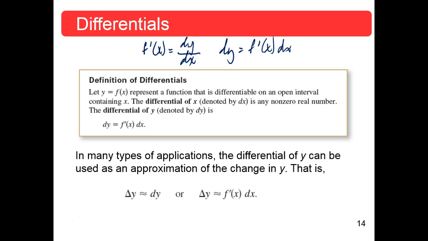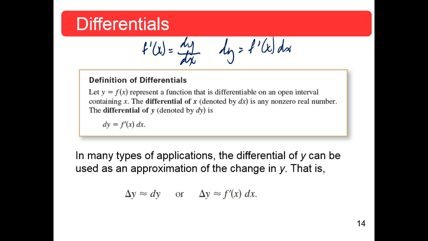You still got delta x's, delta y's, they're becoming dx and dy, and basically, that's what a differential is. You just rewrite it as dy is equal to f prime of x dx. Differential is not the same as a derivative, but they're very, very closely related. In many types of applications, the differential of y can be used as an approximation of the change in y.